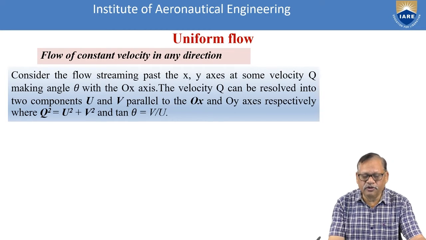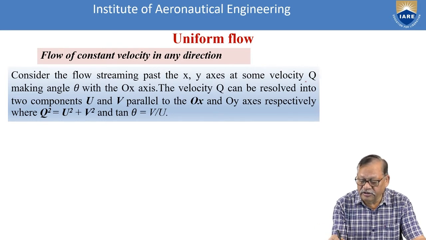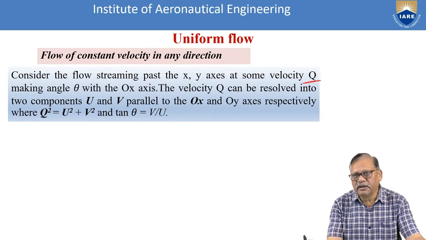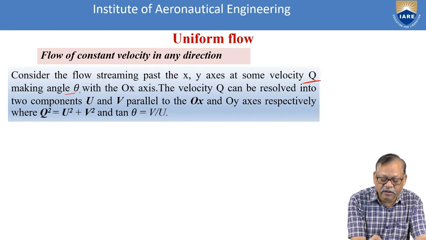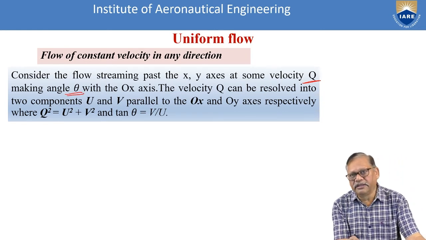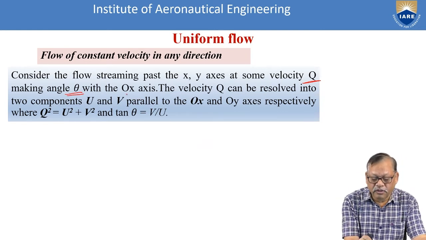Now consider the flow streaming past the x, y axis at some velocity q. That means this is my resultant velocity making an angle of theta with OX, with reference to the x-axis.